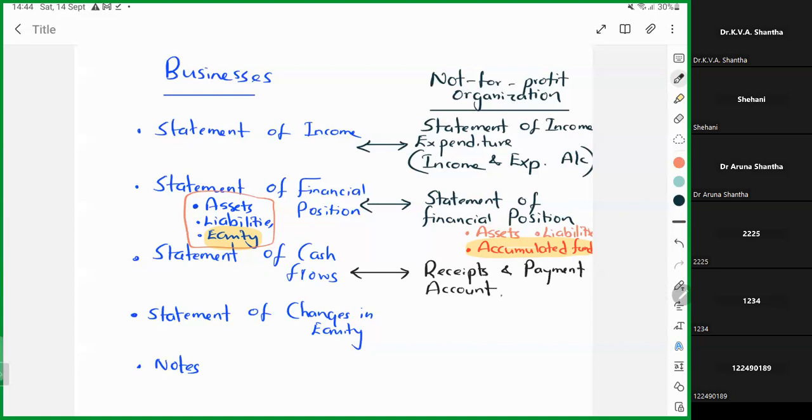You know, in the statement of cash flows, you have cash receipts and payments, cash inflows and outflows. Similarly, non-profit organizations prepare a receipts and payments account.